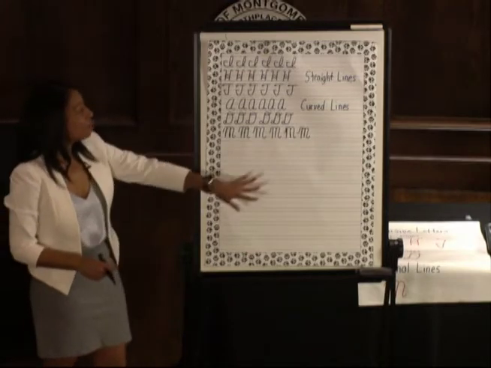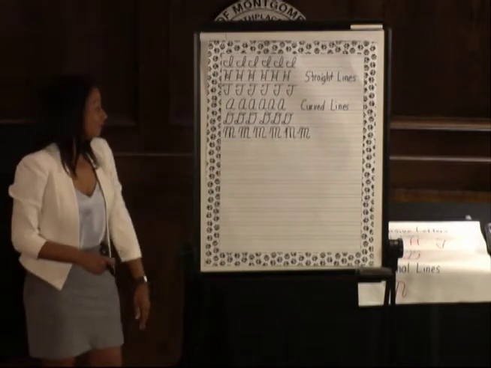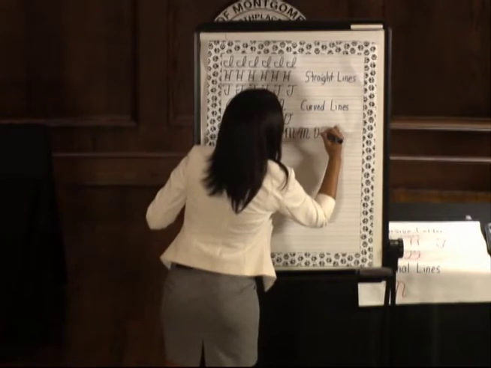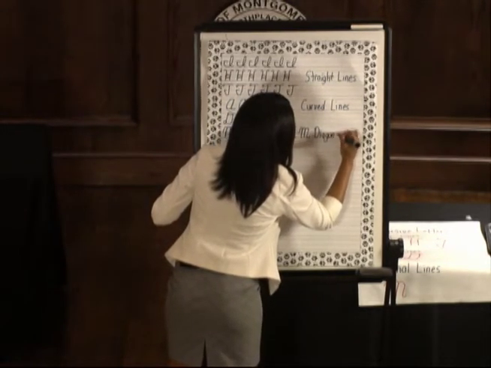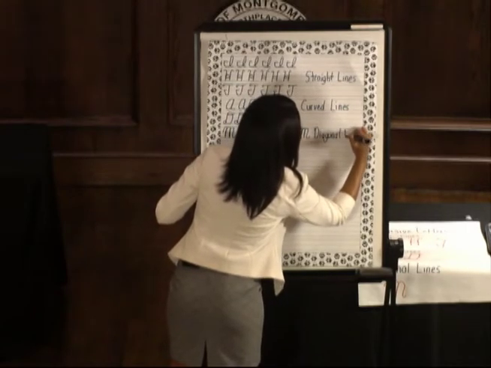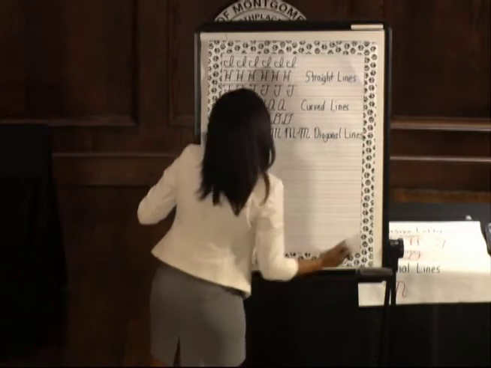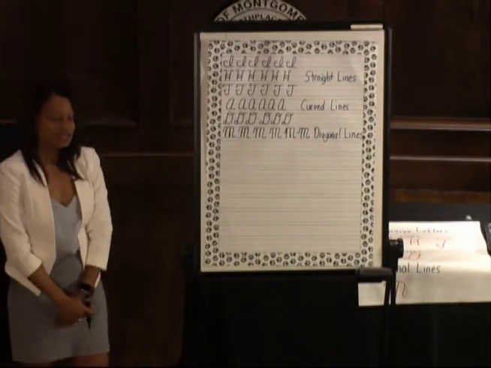Stupendous. Now we have looked at straight lines, curved lines, and the last one is the diagonal line. So we have looked at 6 uppercase letters today.